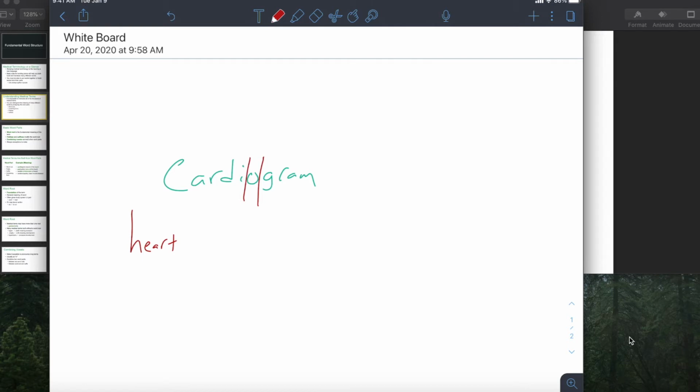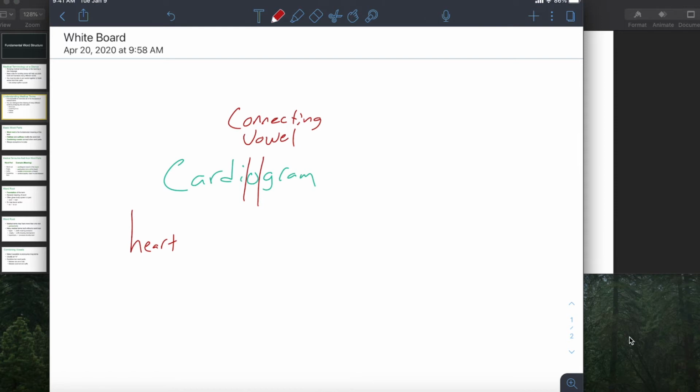This O is what we call a connecting vowel, okay? That connecting vowel just allows the word parts to get jammed together and makes it a little bit easier for everything to work together and easier to pronounce.